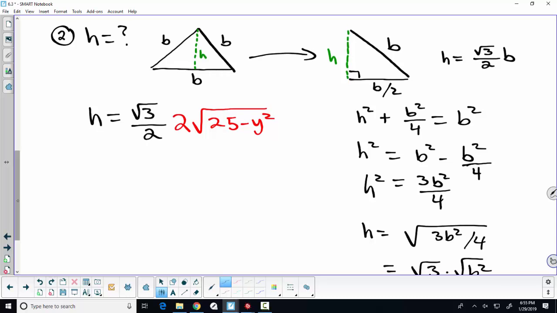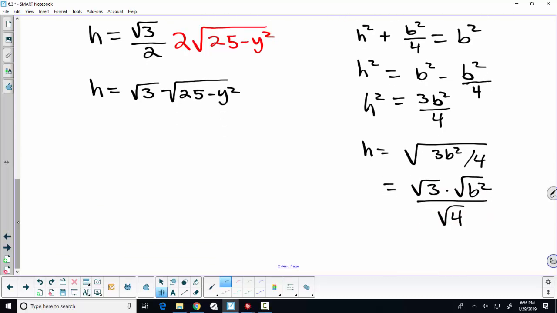Okay, so there's our height in terms of y, as was mentioned. So we've got our height in terms of y as well. So then we go back to the area of the cross section.